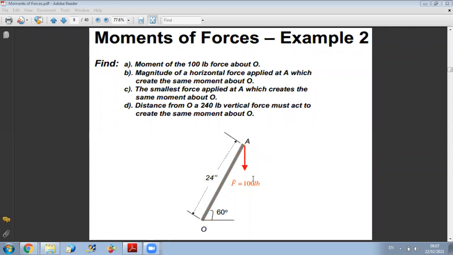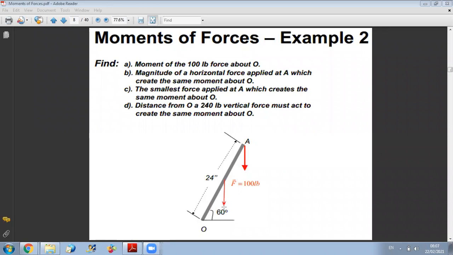So here I have already a force of 100 lb acting at 24 inch from O. So if I want to apply a vertical force, but the vertical force now should be higher, should be 240, but I should still have the same moment.